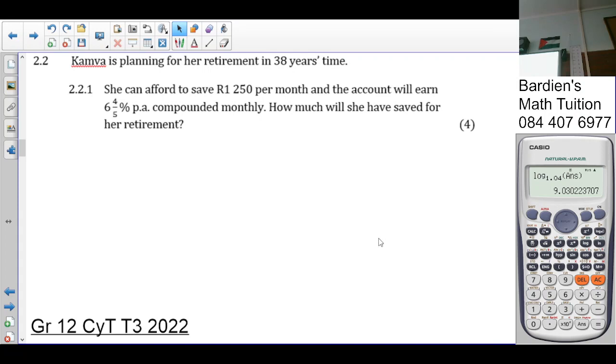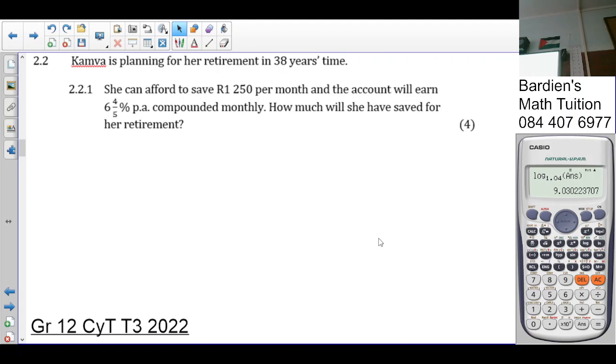Canva is planning for retirement in 38 years' time. You almost would be planning for your retirement. Okay. She can afford to save 1,250 Rand per month, and the account will earn 6 and 4/5%.